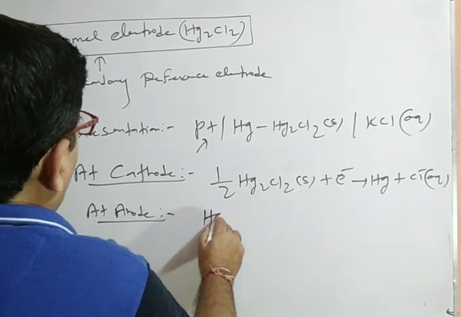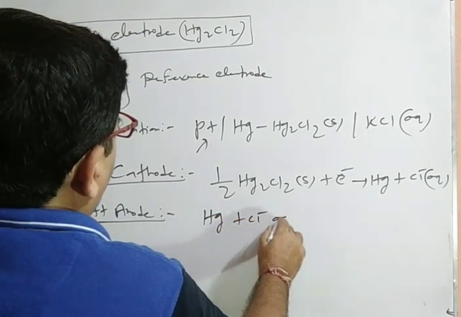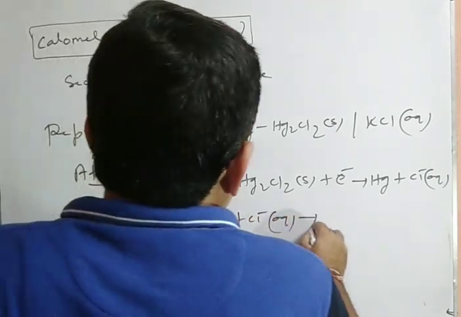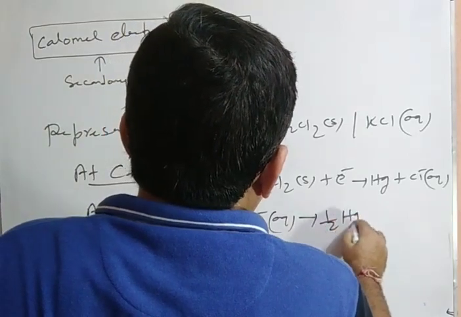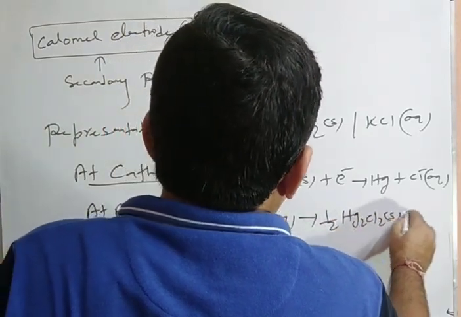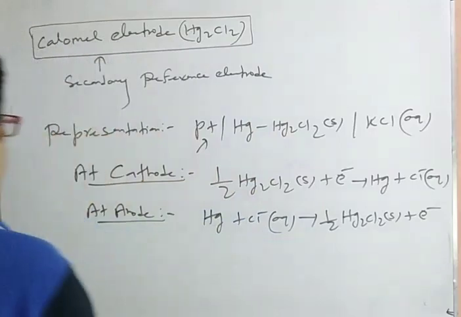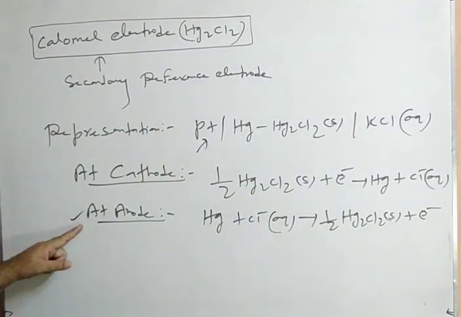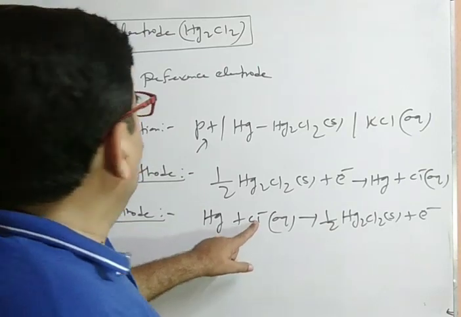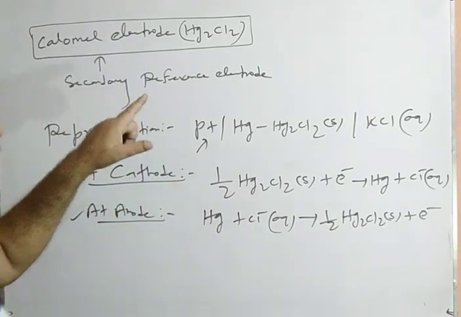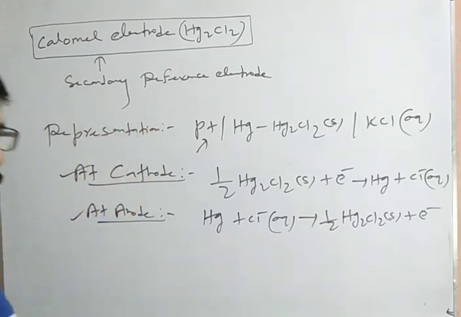Hg plus Cl minus aqueous gives half Hg2Cl2 solid plus 1 electron. So this pattern of reaction becomes possible at anode. This electrode is said to be a secondary reference electrode.